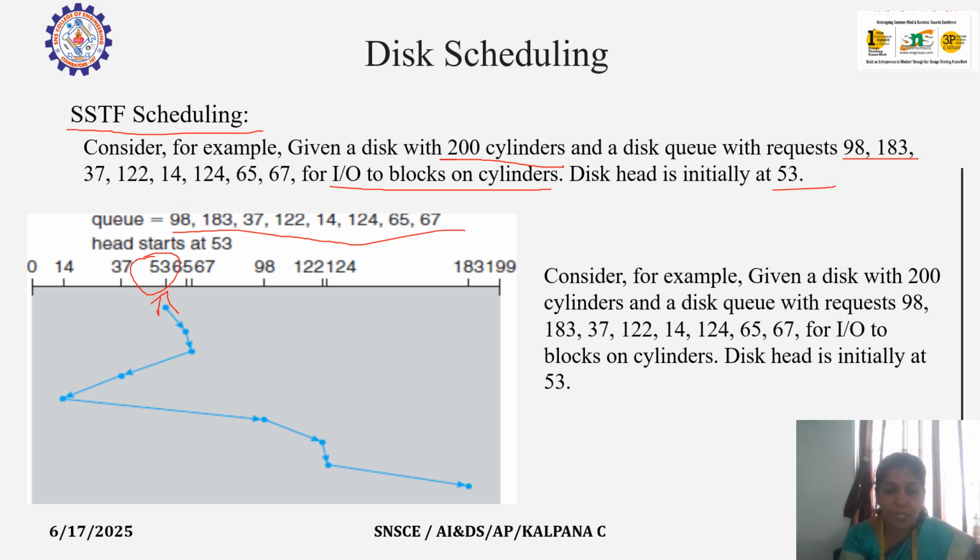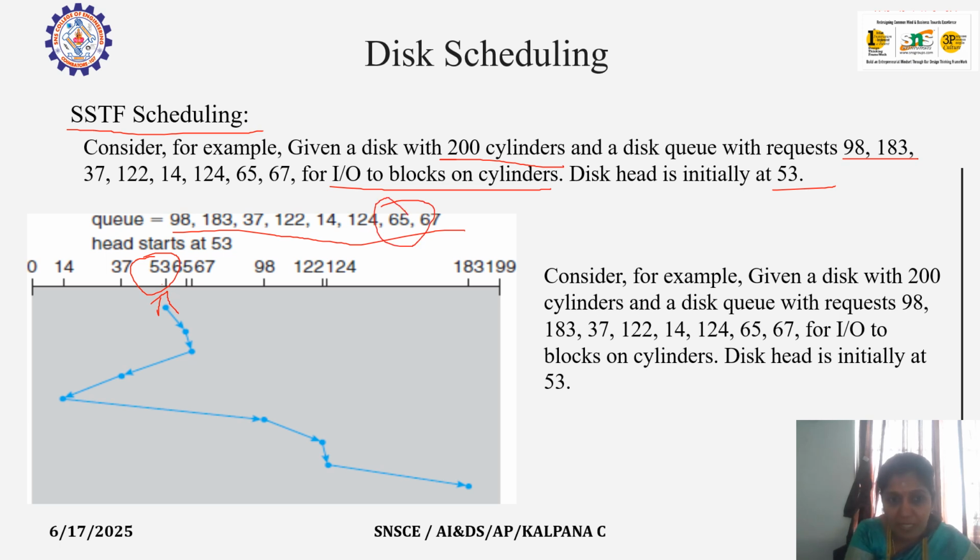time. Here if you do 53 minus 65, you will get 12. For the rest of the things, like 98 and 183 and 37, you will get a bigger number. So 53 minus 65 gives only 12. 12 is the seek time.